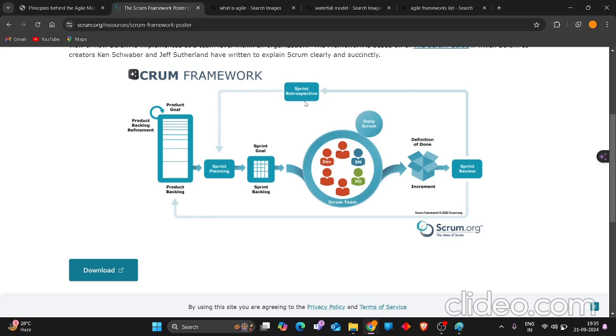In this meeting, all the people in the Scrum team discuss what they learned in the previous sprint, what their learnings were, what features they worked on, and the challenges they faced during the sprint.